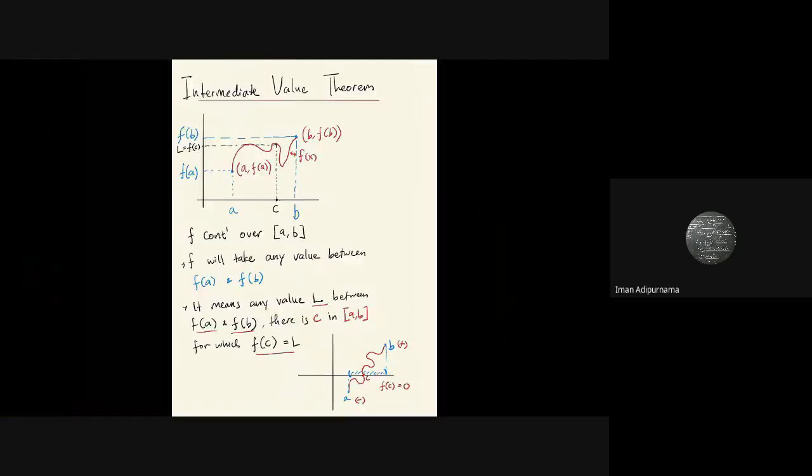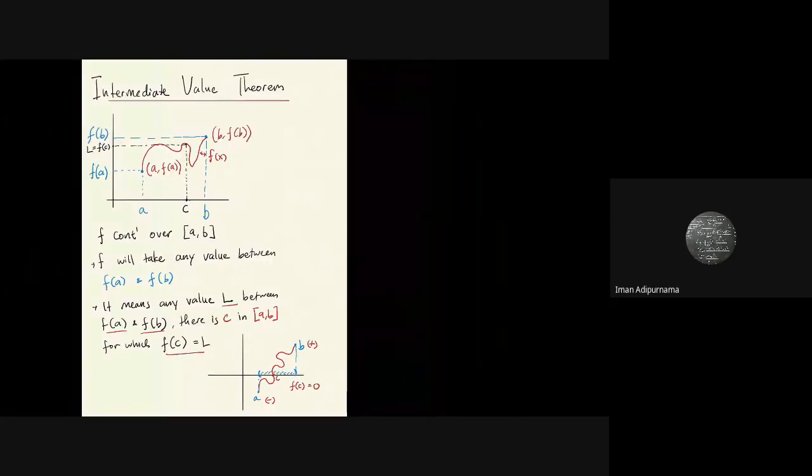Let me give you one case study. This is your function. Let's just start with a not too difficult function. This is your function, and this is your interval. And then how to prove?